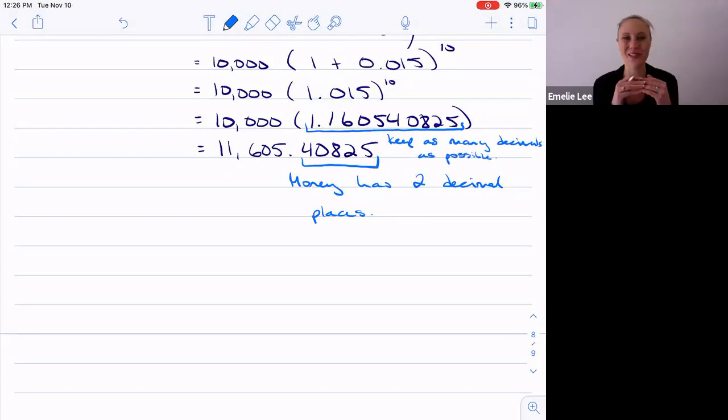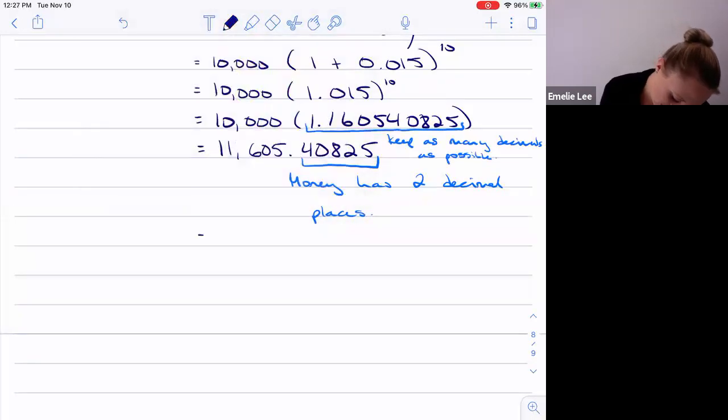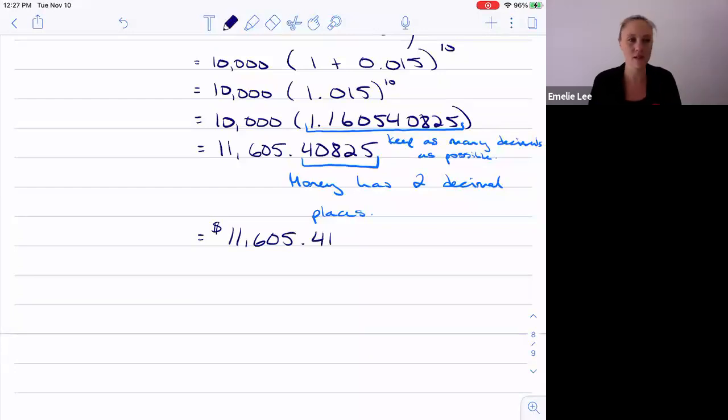In fact, it's best if you just keep that whole number in your calculator and use it to multiply by 10. So what we get is we would end up with a total of $11,605.41.